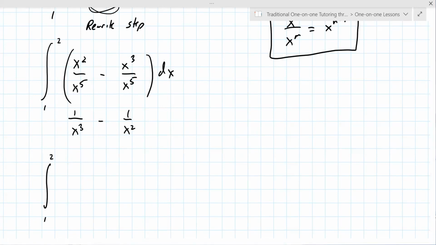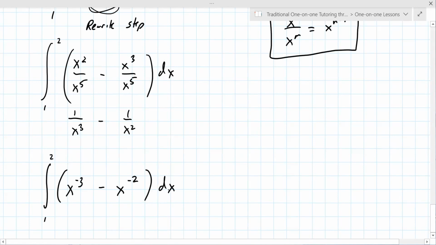That's confusing because now there's a 1 on top. So I would rewrite it like this, where you're using negative exponents. Yes.